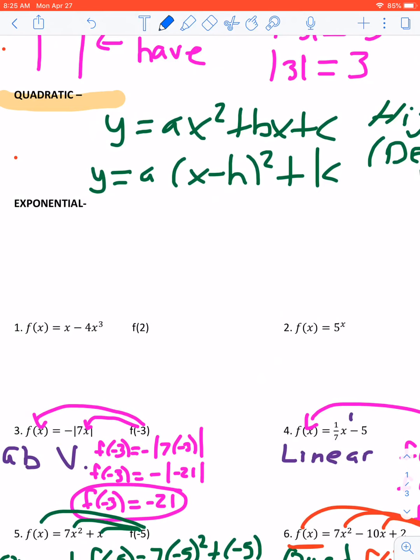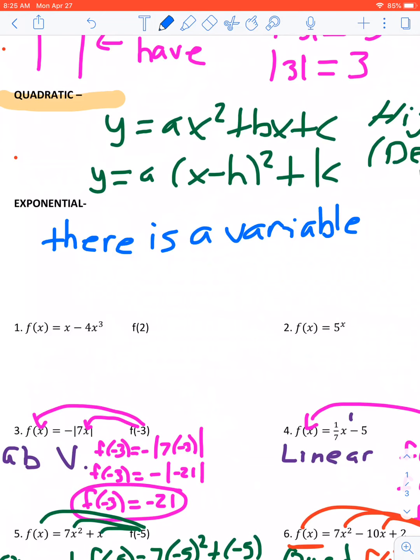The easiest way to do it is there is a variable in the exponent. So there's a variable as the exponent. Now with that variable, there can also be other numbers up there. That's fine as well.